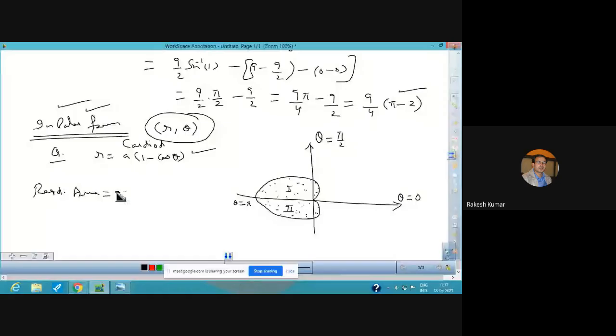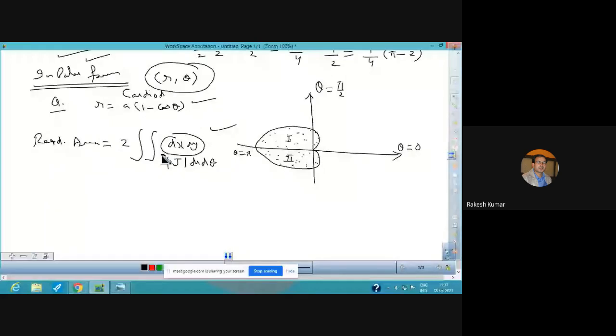So double integral dx dy, and you know that when you change from Cartesian into polar form, you have to write the Jacobian, dr d theta. We have discussed this in the change of variable lecture. And you know that for the polar form, x is equal to r cos theta, y is equal to r sin theta.